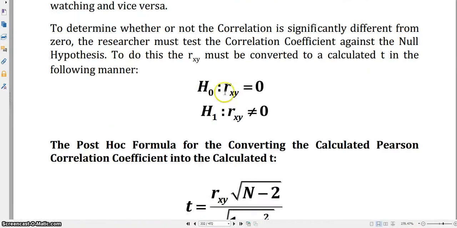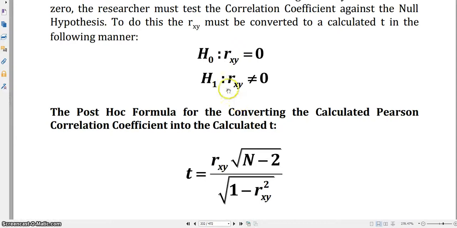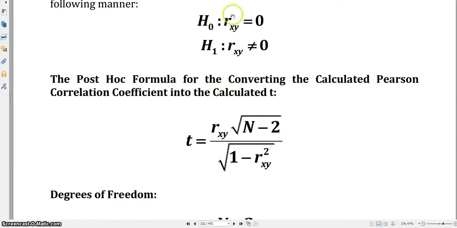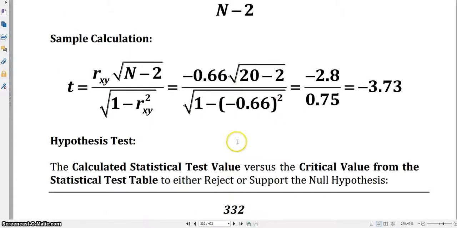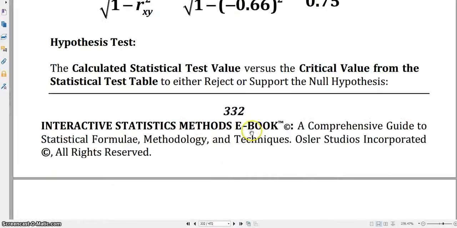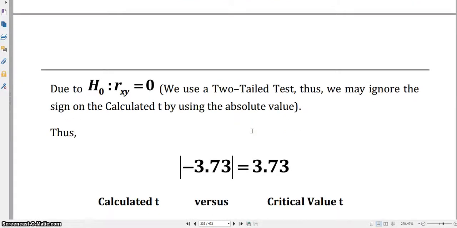As we look at these particular things, we then have to take that r value, because it's not an actual test, to look on the critical value table. Under r's we're actually looking at, again, between -1 and 1, that strength of relationship. So what we have to do then is go ahead and convert that to a t, and you get negative 3.73.